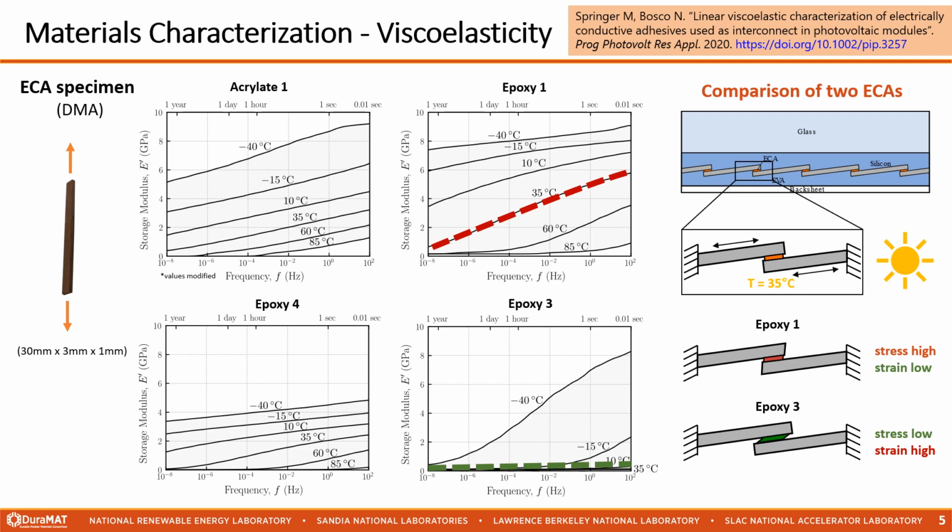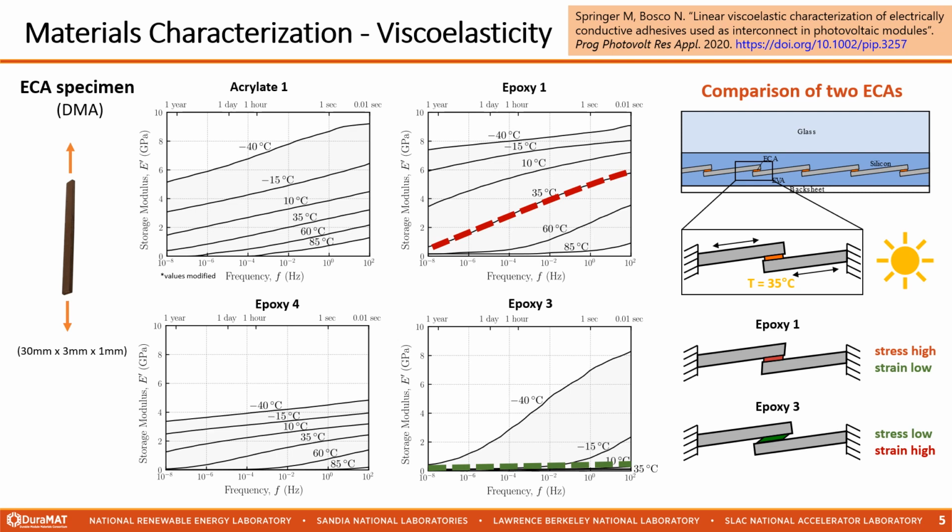Here I've plotted the storage modulus values for 4 ECAs with the relevant loading rates and temperature ranges occurring in PV modules. To exemplify the difference in mechanical behavior between ECAs, let's consider a shingled cell module as depicted on the right-hand side, and assume that the ECA joints have a uniform temperature of 35 C. For the epoxy-based ECA number 1, the storage modulus curve at 35 C is indicated with a red dotted line, and is higher than, for example, epoxy ECA 3, where the storage modulus curve at 35 C is indicated with a green dotted line.